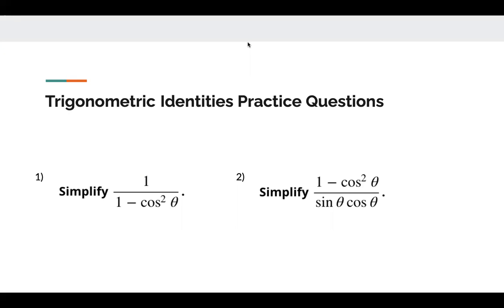And for the second one, first we can simplify it into the sine square theta. Then we will keep the denominator, which is sine theta times cosine theta.